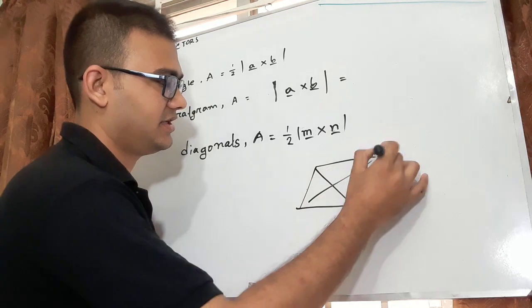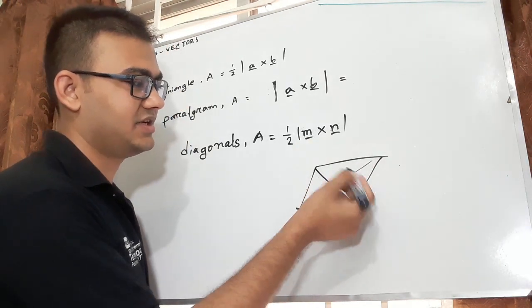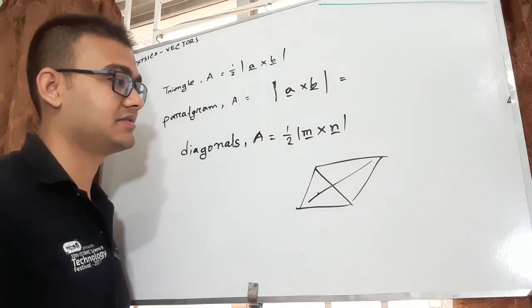The M and N are respectively the major and the minor axis. You can take the minor first and then the major diagonal.